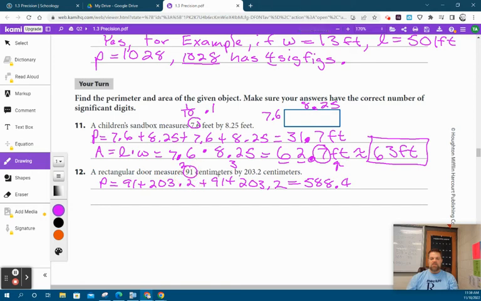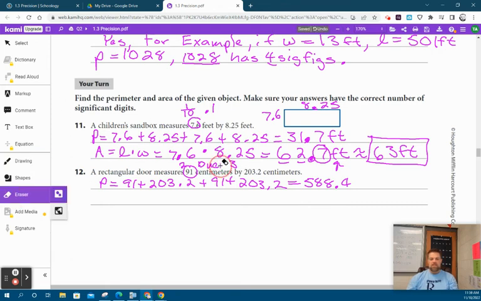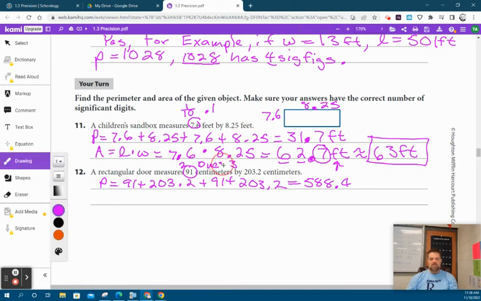This is the least precise measurement, which goes to the ones spot. Okay? So because I'm going to the ones spot, I'm going to round here. This is 4, so I'm going to round down. So it's 588 centimeters.